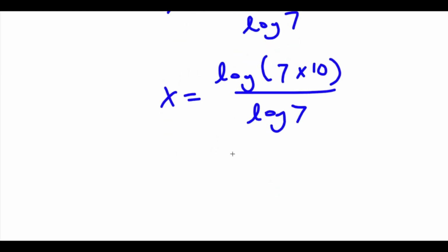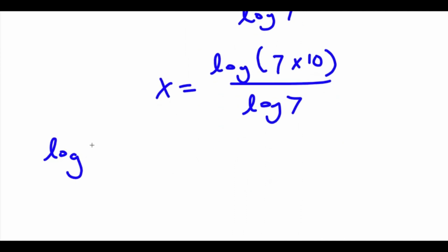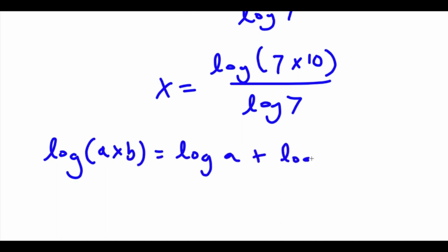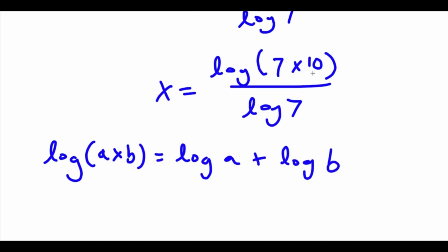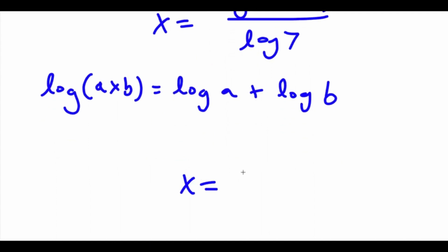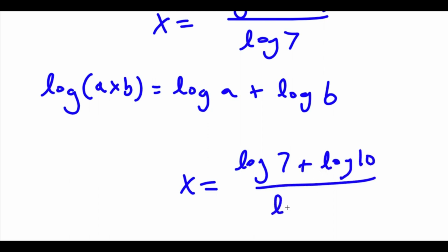And now if I have something in the form log a times b, this is equal to log a plus log b. So in this case, log 7 times 10, that's going to equal log 7 plus log 10. Now I have this over log 7.